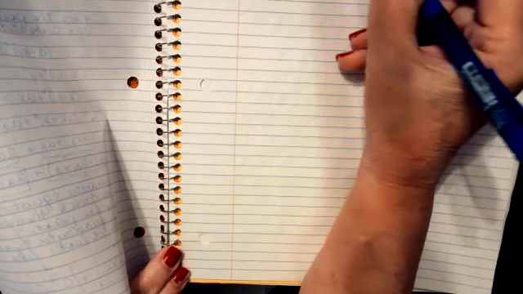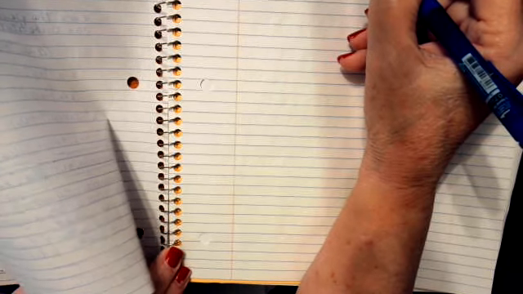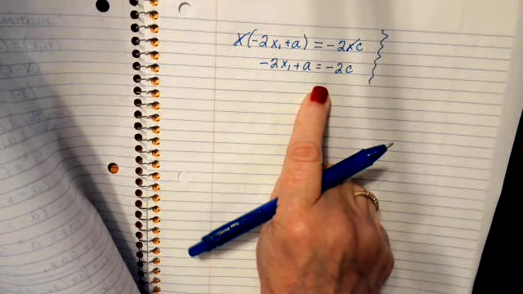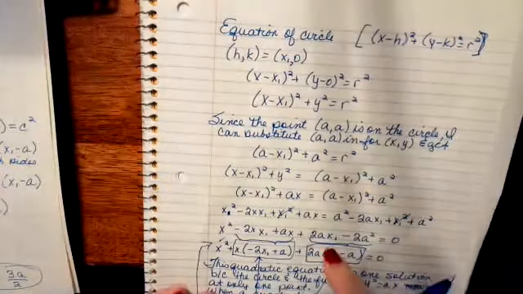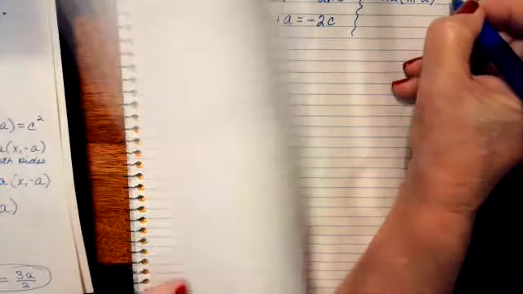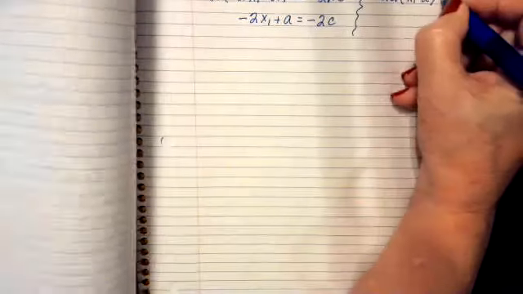I get -2x1 + a = -2c. All right, I'm going to stop right there for just a second, because over here, I want to do the same thing, but with the constant terms. Take 2a times (x1 - a). Set that equal to c^2.